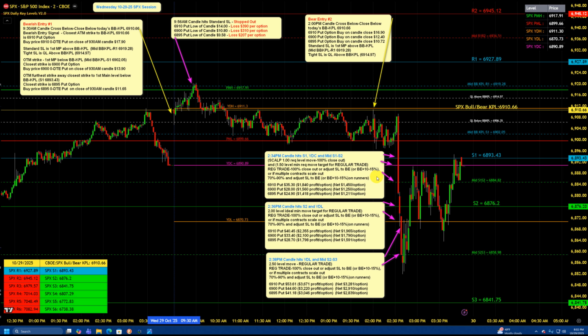And when you adjust it to break even, then at that time you are adjusting it by price. So if we adjusted our at the money to break even, instead of having a level as our stop loss, now the price is our stop loss. So now 1790 is our new stop loss once it's hit the 1.5 level move on a regular trade.